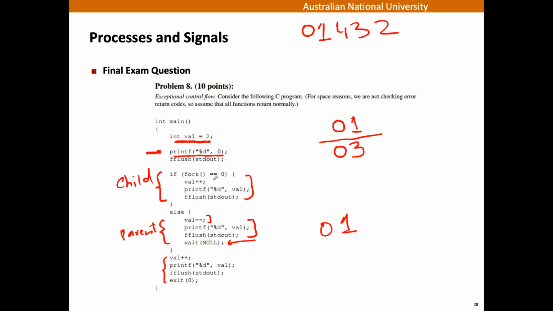What is the child going to print? Three or 4? Val is 2 here, and when the child does val plus plus, it's 3. It seems that 0, 1, 4, 3, 2 is not possible, right?